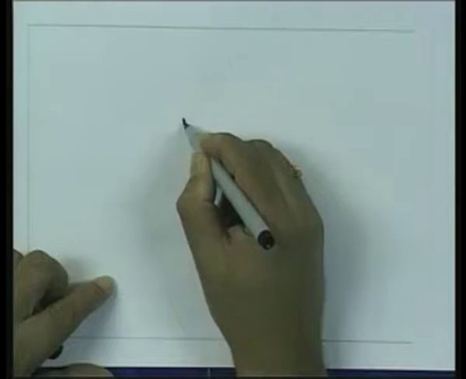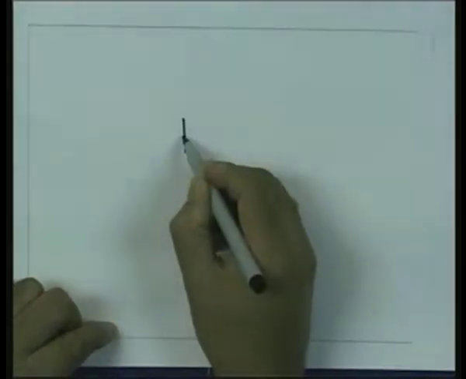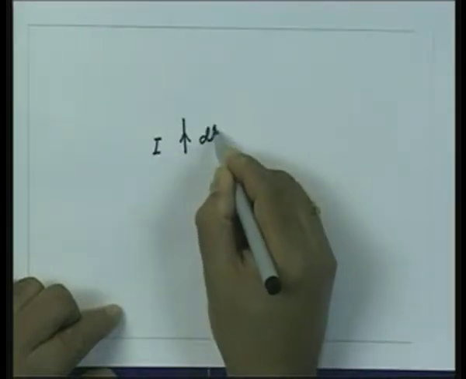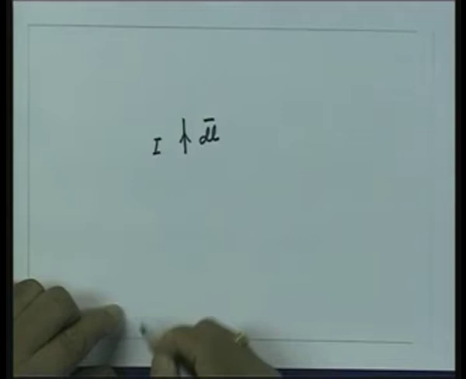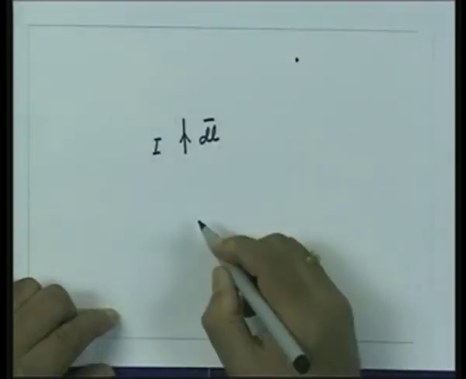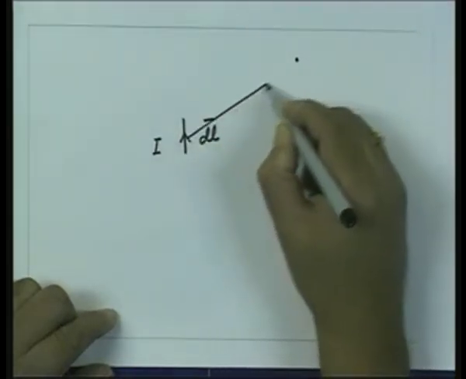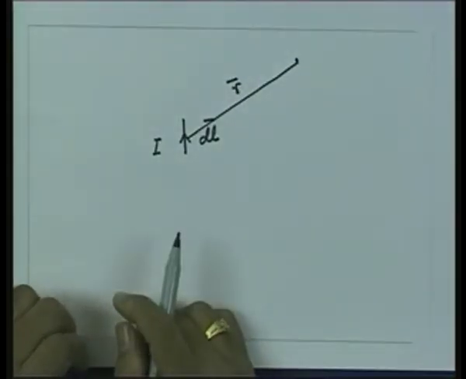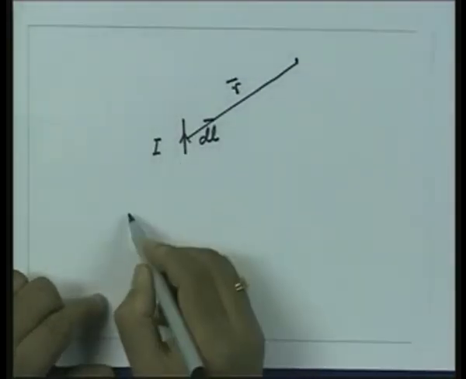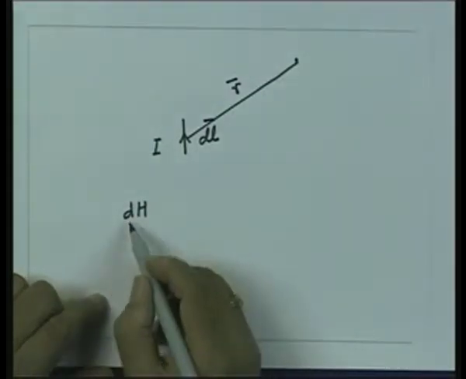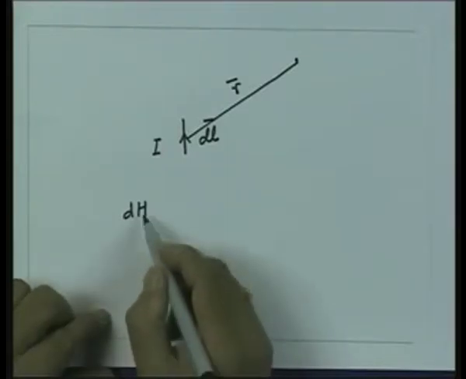So, if I have a current element, which is a small piece of, let us say, a wire carrying some current I, the length of this current element is, let us say, given by dl. Then at some point in the space which is at a distance r from this current element, and let us say this is denoted by vector r, the magnetic field due to this small element, let us denote it by dH, where d gives you the incremental value of the magnetic field.